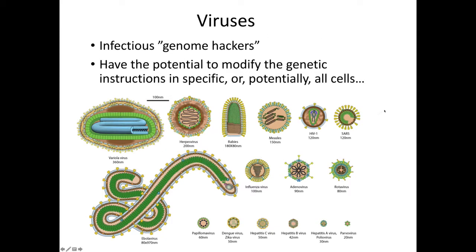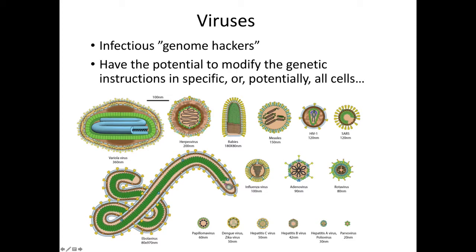There are many different types of viruses. Here's a coronavirus, SARS, HIV, measles, rabies, herpes, variola, Ebola, the thing's a monster, papillomavirus, dengue virus, hepatitis C, hepatitis B, hepatitis A, parvovirus, rotavirus, adenovirus, influenza, so many different kinds of viruses.